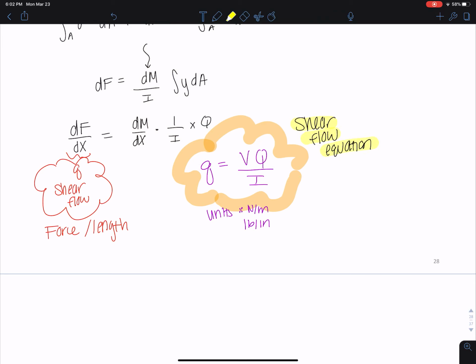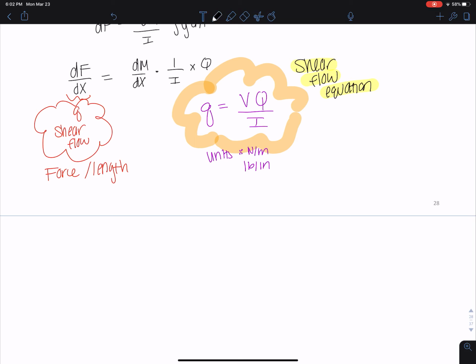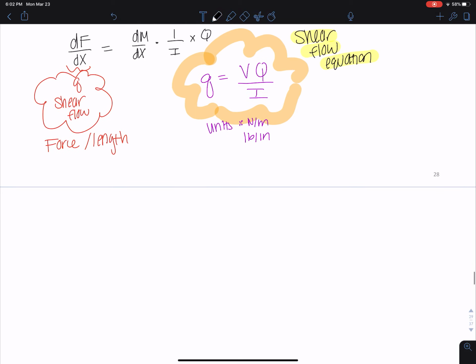Again, this is how much force it takes to keep the cross section together, and this is super important for something called built-up shapes.